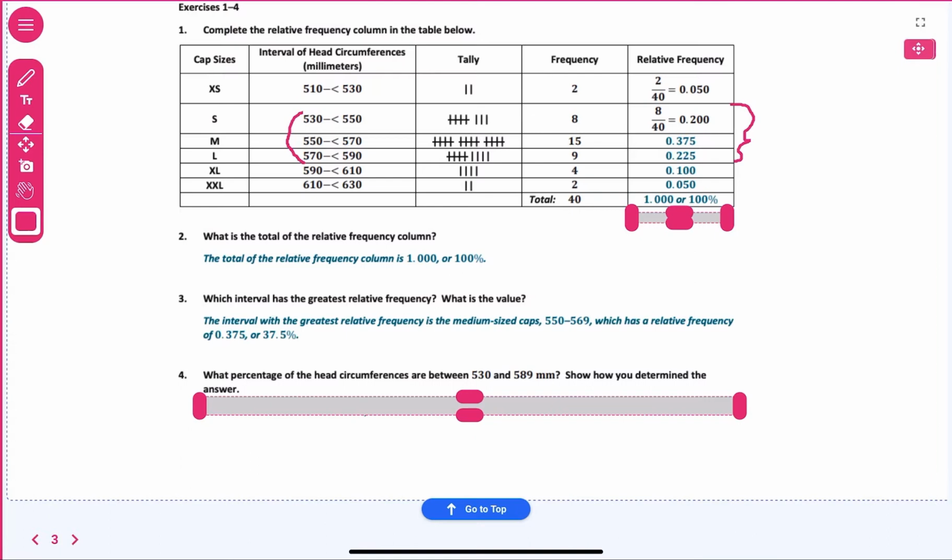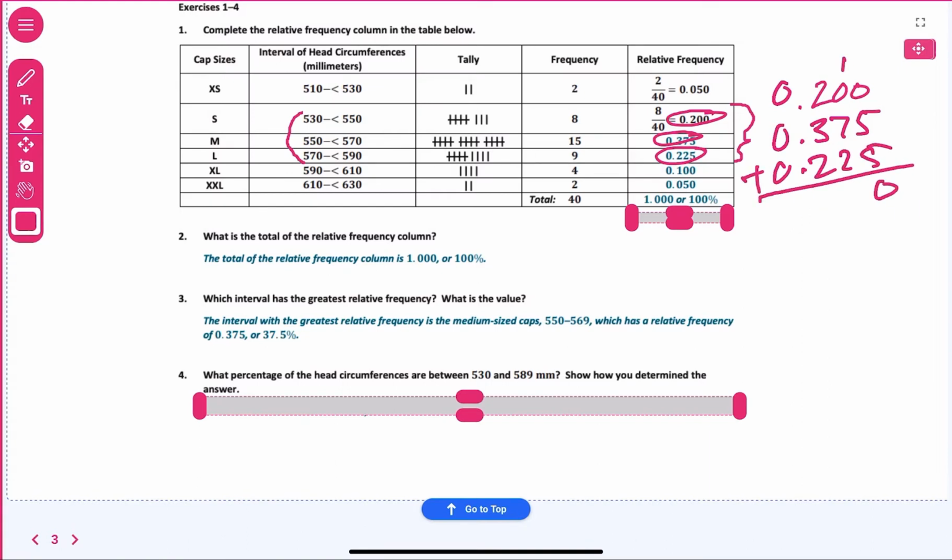So all you would have to do is take the relative frequency and add them up. If you add all of those up, that's the number you get, but we wanted the percentage. So we would move that 2 places to the right, and we would get 80%.